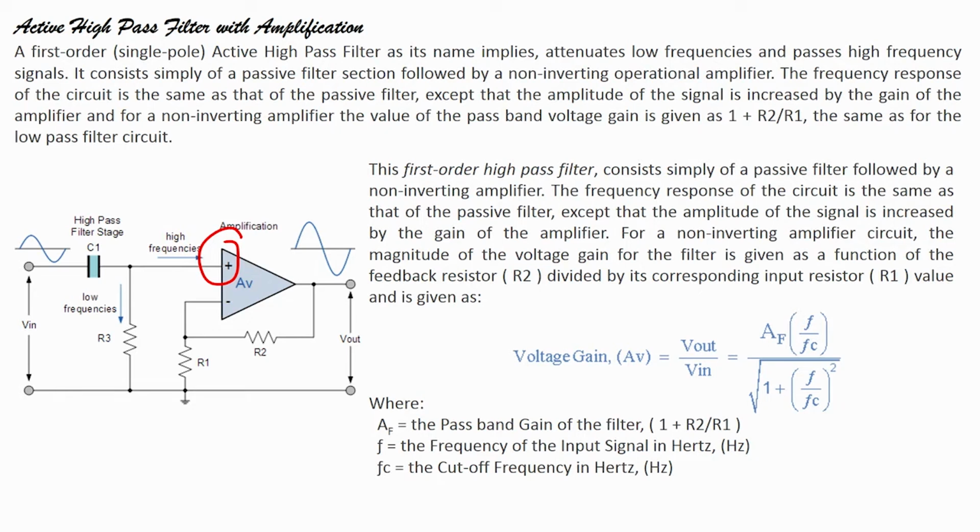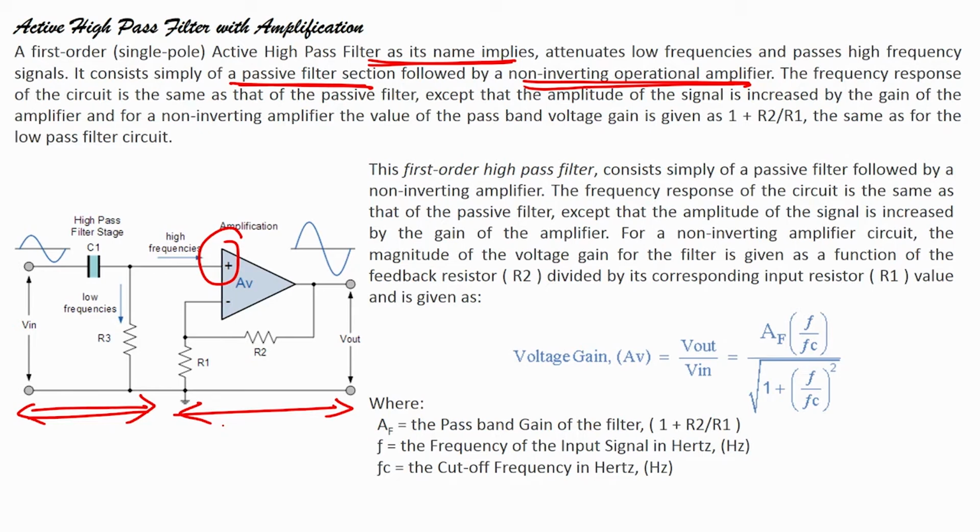So, a first order active high pass filter, as its name implies, attenuates low frequencies and passes high frequency signals, correct. It consists simply of a passive filter section followed by a non inverting operational amplifier. We have seen here this is a passive filter, right, and this is our non inverting op amp.